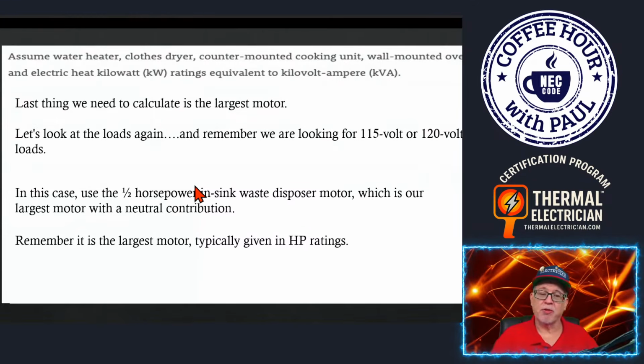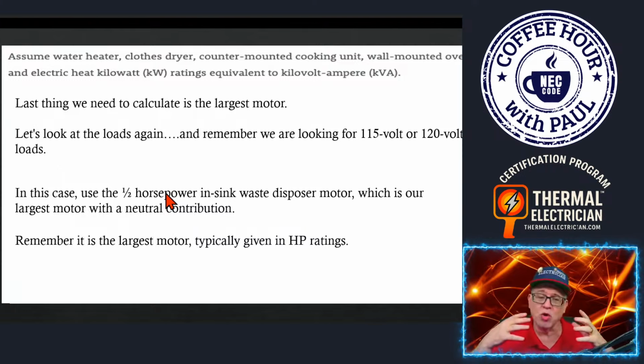I have to account for the largest motor that would have a neutral contribution. So I've got to hunt for that. And in our list, the in-sink waste disposer was the largest motor that had a neutral contribution. Remember, that was a 0.5 horsepower motor. And I believe it was 9.8 or something like that amps. Okay. So that's our largest motor.